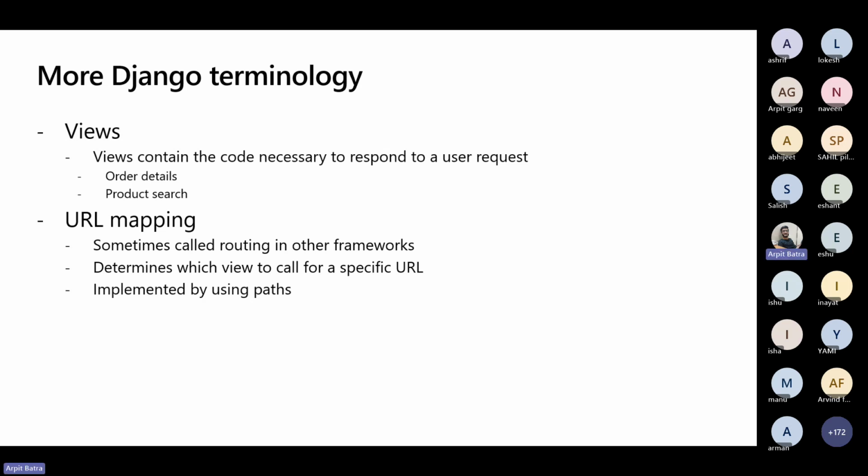Now we go for the intermediate level. It has form handling, authentication and authorization, and a file handling system, that is static and media files. Now we go for the advanced level.